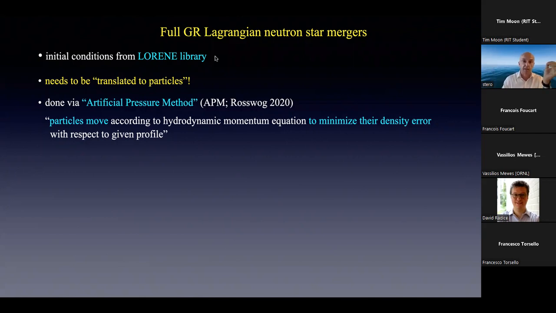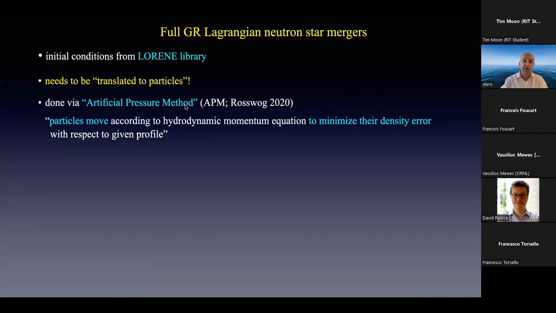In our case, of course, that is coming from LaGrange. Then you translate this discrepancy in the densities into an artificial pressure. That's why it's called the artificial pressure method. And then you move your particles according to this pressure gradient. So it's something like an Euler equation that you're solving that is driven by errors in the density.